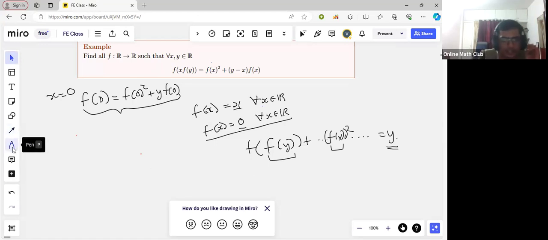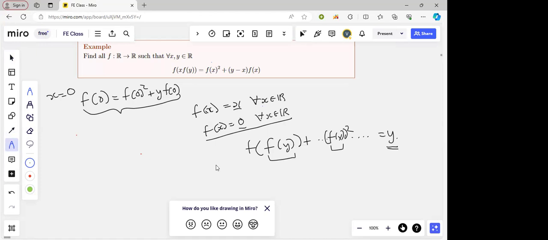But in general, can you see why, if we have some expression in f of y equal to y, the function must be injective? Can you try doing this? Take y equal to y naught.